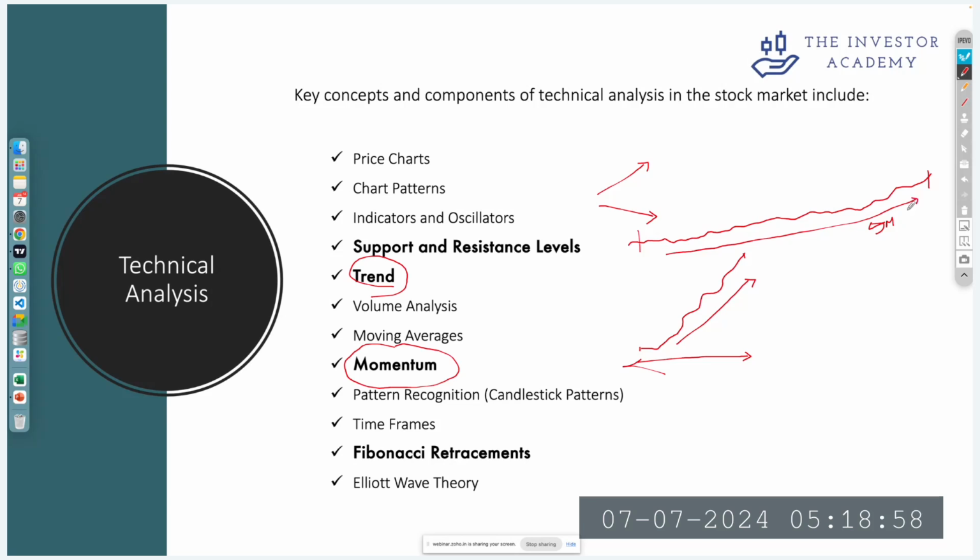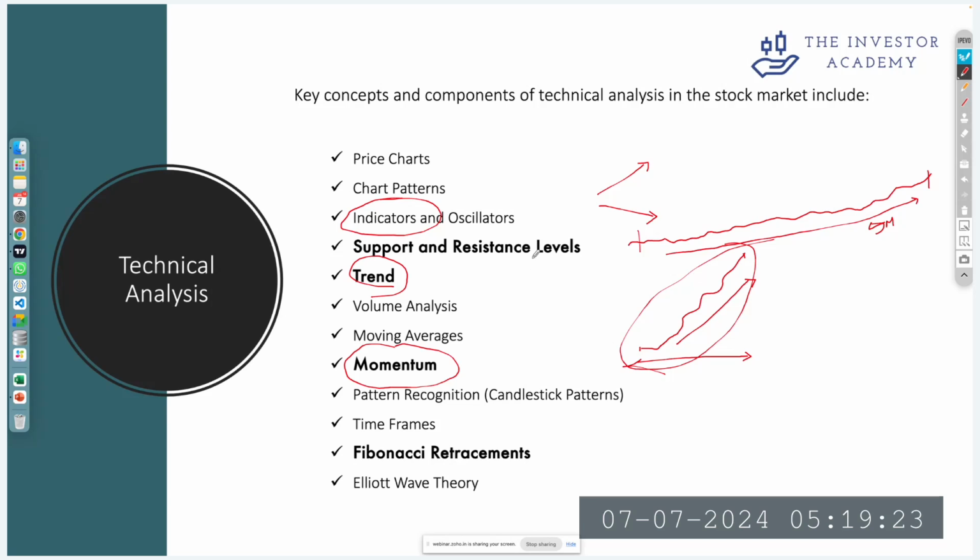Technical analysis is useful when you want to identify these kinds of movements. For a very short duration, the trend is strong and you want to ride that momentum. You want to be with that trend by using some technical indicators.